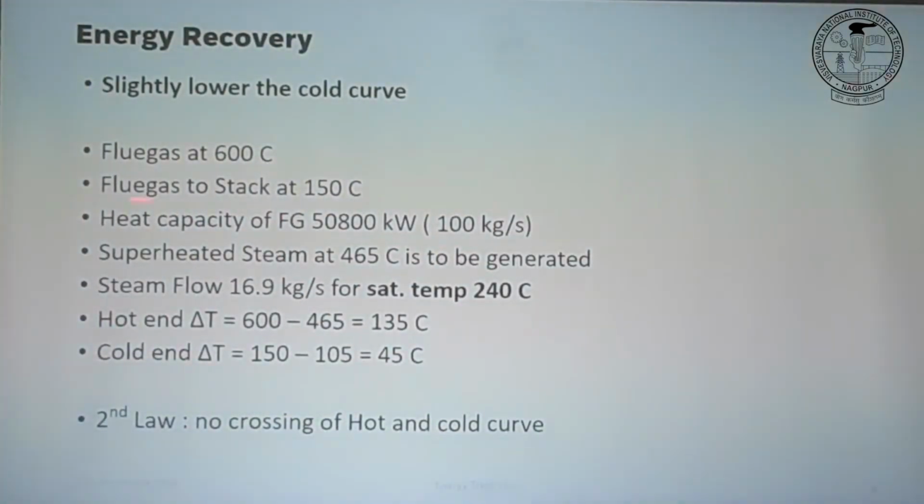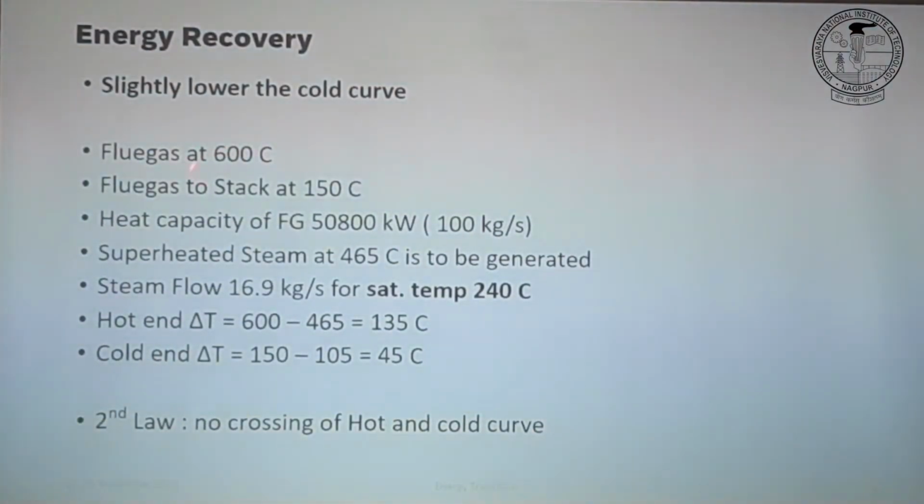Let's assume if we change our philosophy a little bit, and this is given for now. Let's assume this flow rate is given, so this total heat delivered by flue gas is calculated or given. Superheat temperature is also given, so 465.